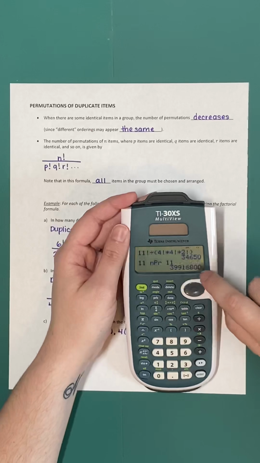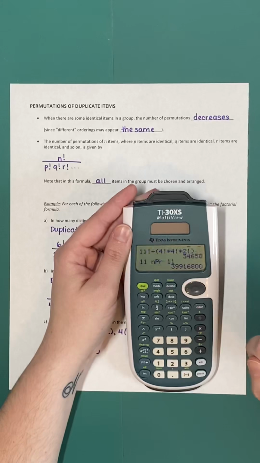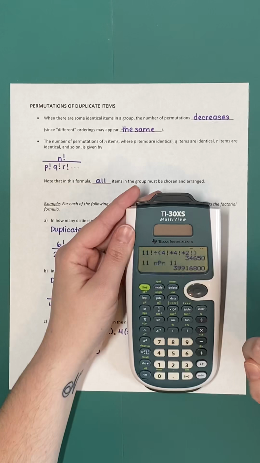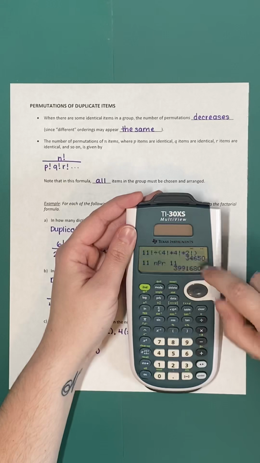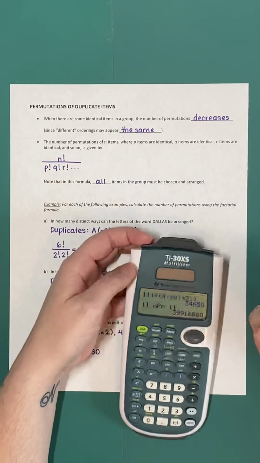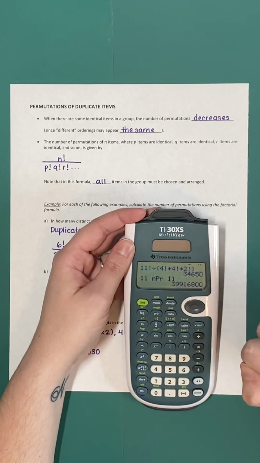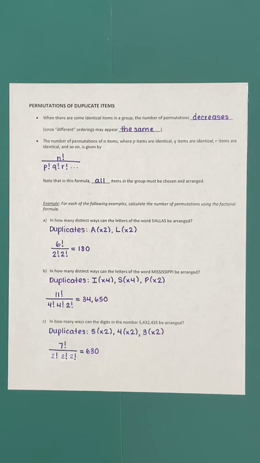Much, much bigger. 39,916,800. That's if all the letters are different. Notice how much bigger that is. It makes a big deal having all those duplicates. This is still a lot of arrangements, but this is quite obviously quite a bit more.